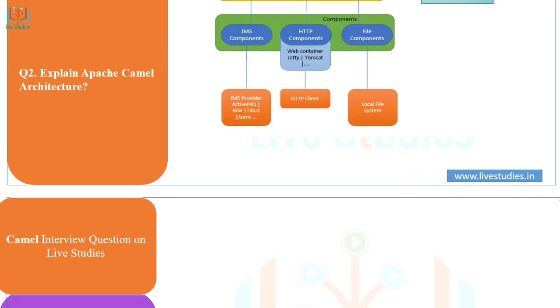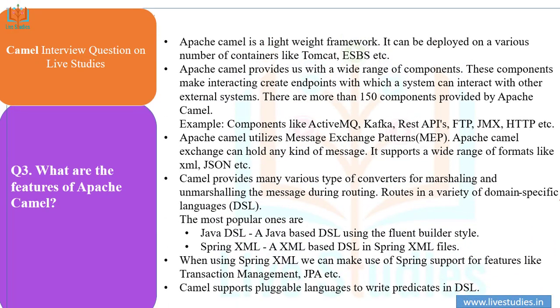Move to another question. Another question is, what are the features of Apache Camel? So basically, there are multiple features that are useful to design an application through Apache Camel.